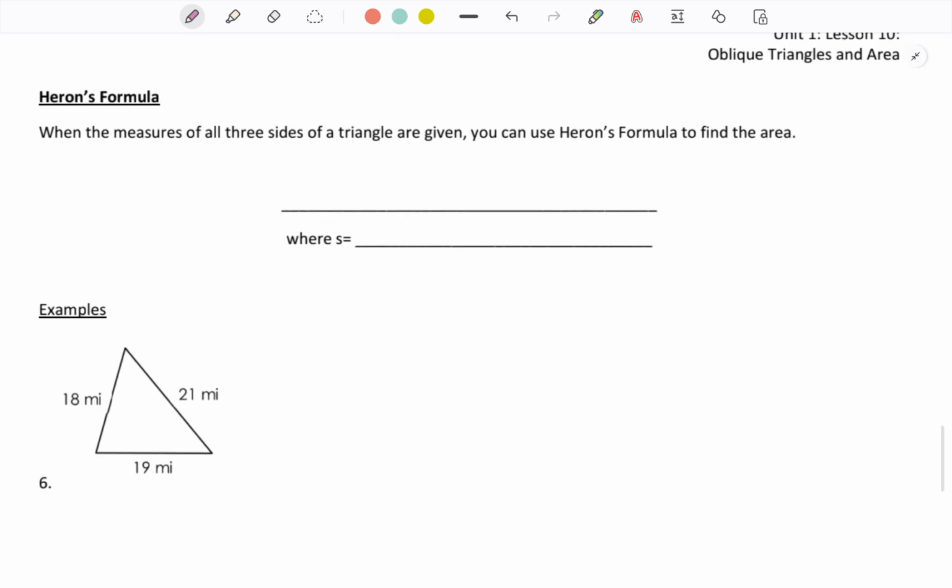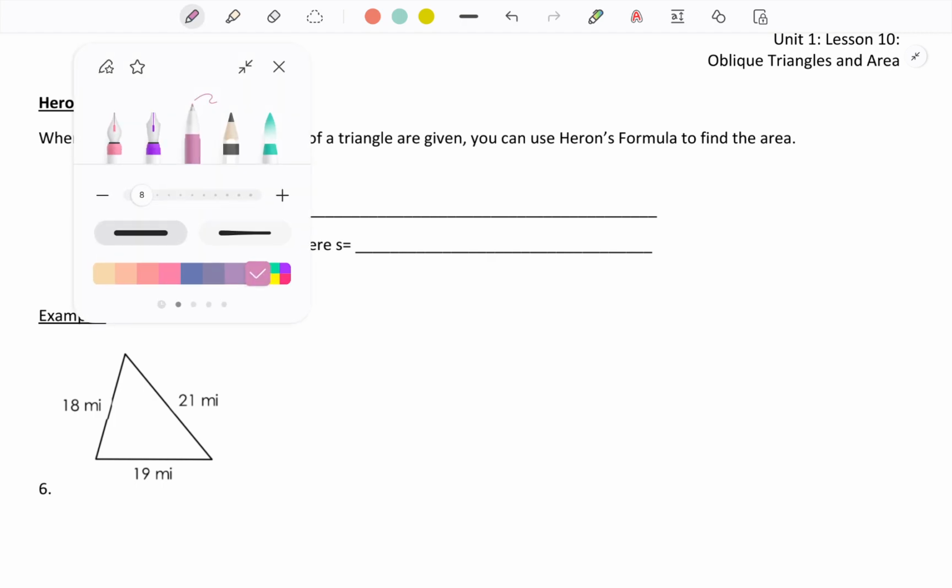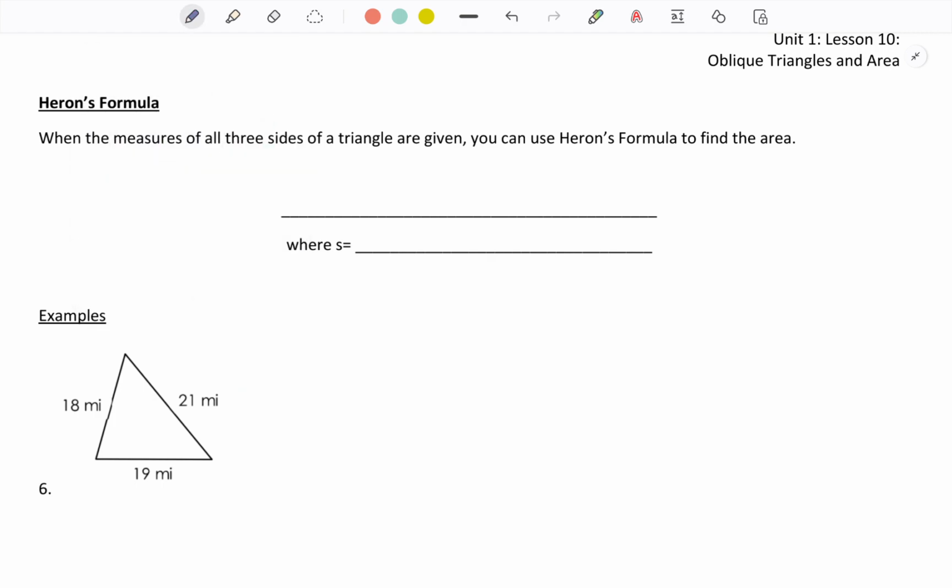All right, so let's look at one more way to find area, and then we will call it a day. So that is Heron's formula. Heron's formula does look a little bit weird because we do have A equals the square root of S times S minus A, S minus B, and S minus C. And that is where S stands for semi-perimeter.